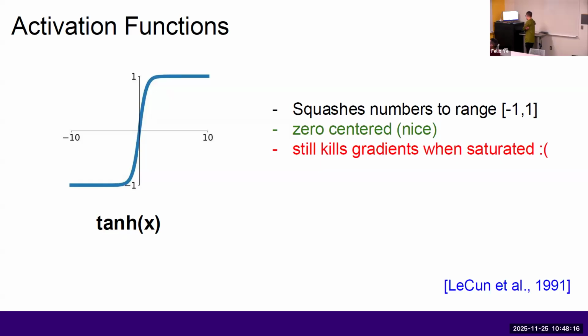This was proposed in 1991 by Yann LeCun, so it's nearly 35 years ago. But it still has a problem, because it has the same issue of gradient vanishing. It can still kill the gradient when saturated.